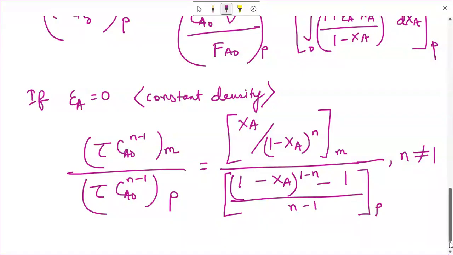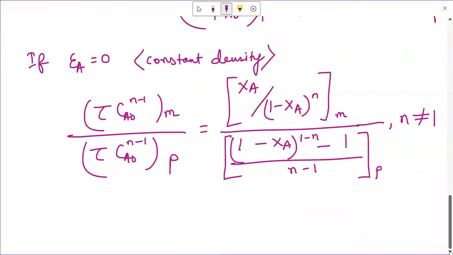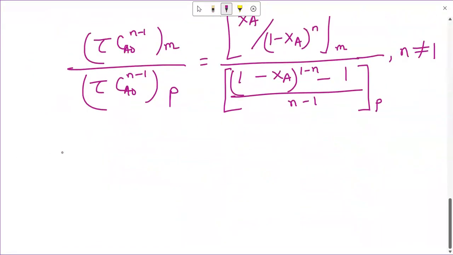If n becomes equivalent to 1, then let me write it like this.